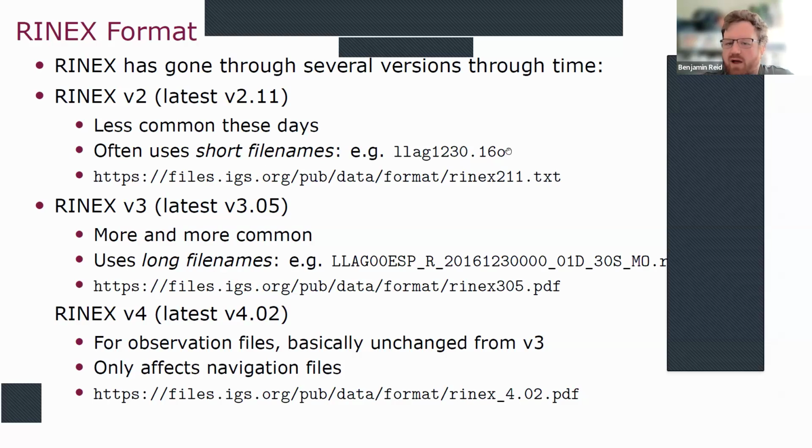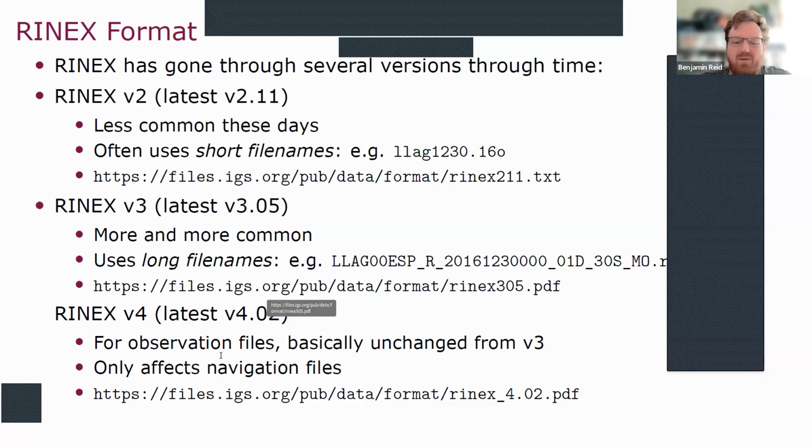It often uses these short file names, which we'll talk about. Then there's RINEX v3, which is becoming more and more common. It tends to have these longer, more descriptive file names. And I have links in here. I'll send out the slides to everyone so that you can have links to the format descriptions. But the software we're using to read them can read all of them just fine.